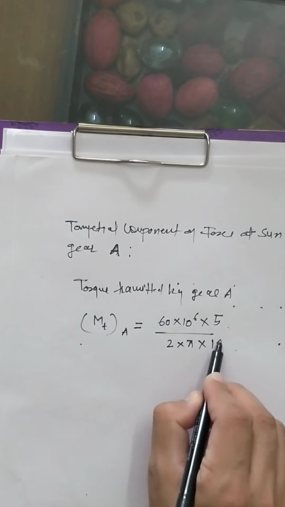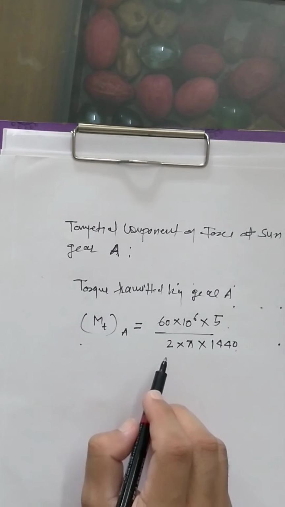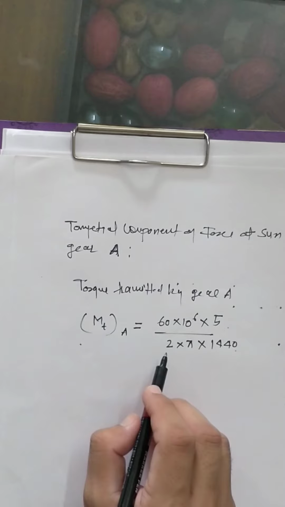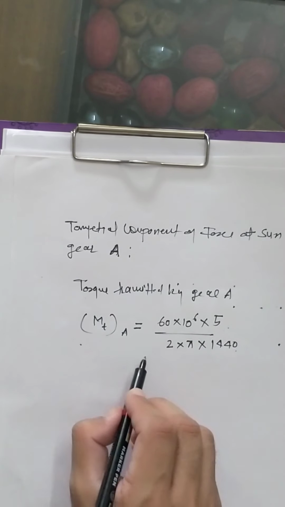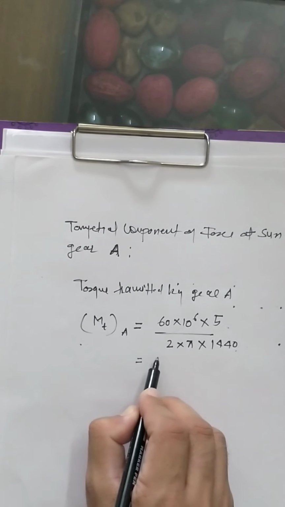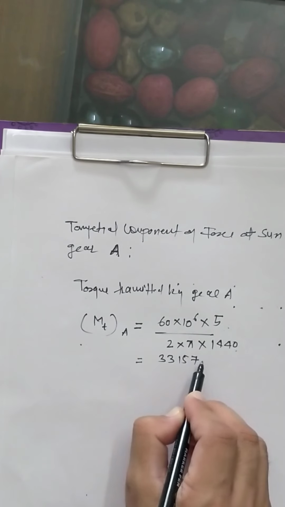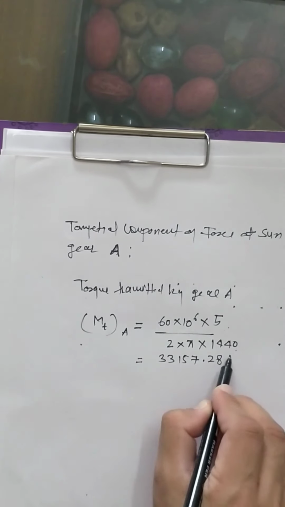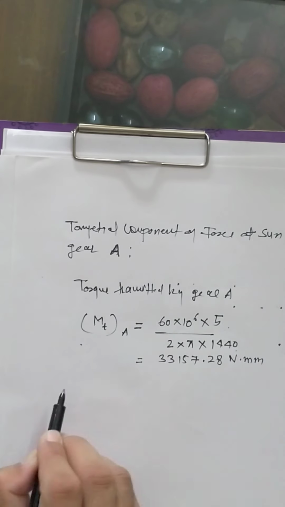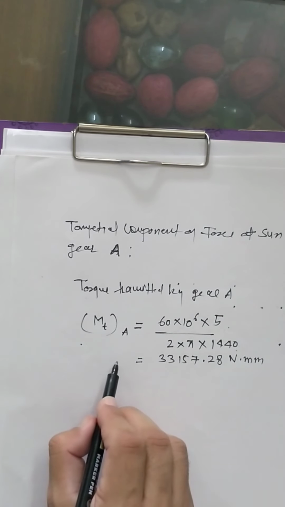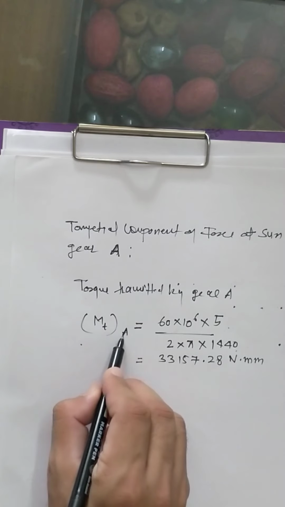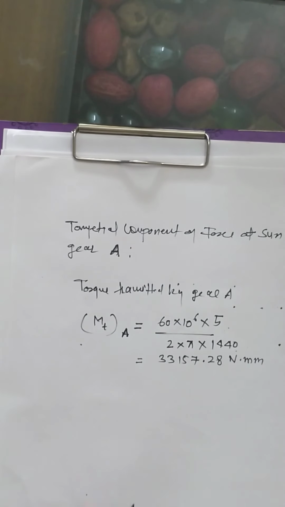If we calculate this, it will turn out as 33157.28 Newton mm. So torque at gear A is this much.